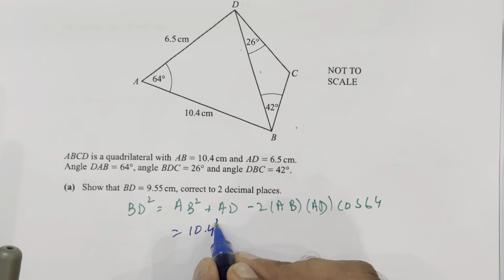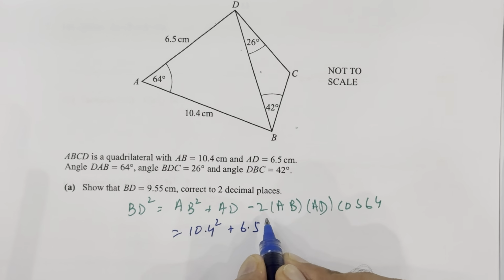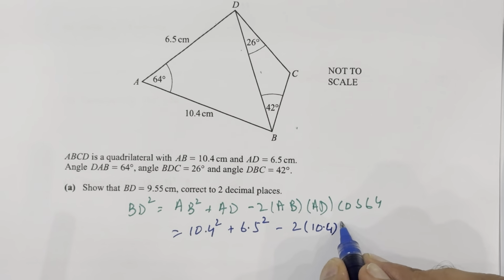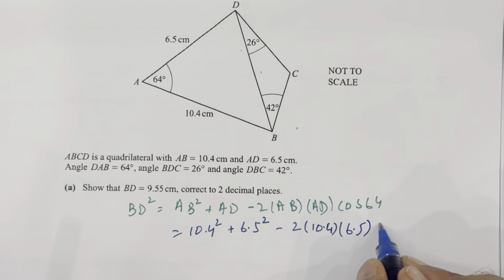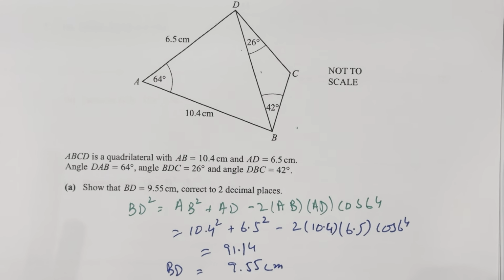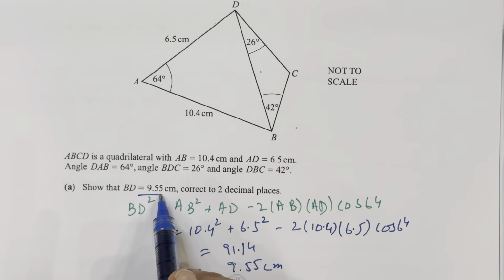AB has 10.4 square, AD has 6.5 square, minus 2 into 10.4 into 6.5 and cos 64. After solving this, you get the value that is equal to 91.14, and taking the square root of it would get you the BD value 9.55 centimeter. So this was the required result to show.